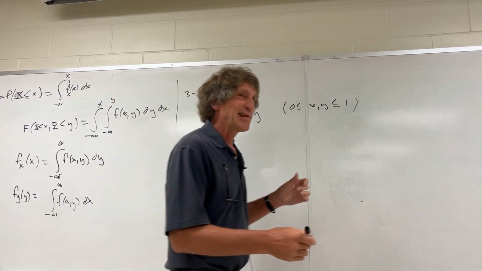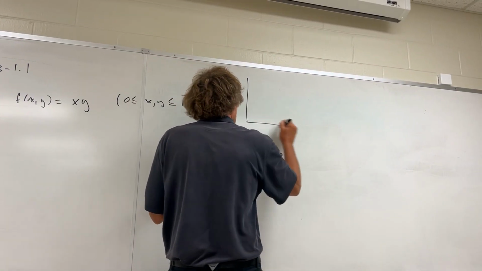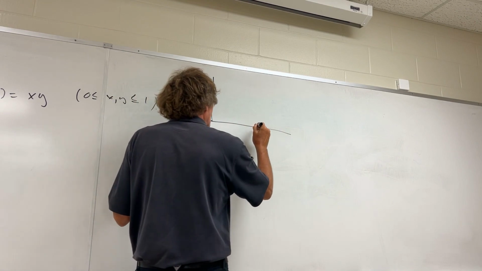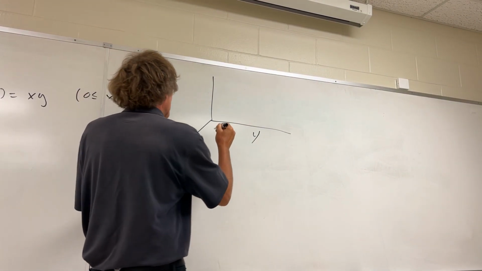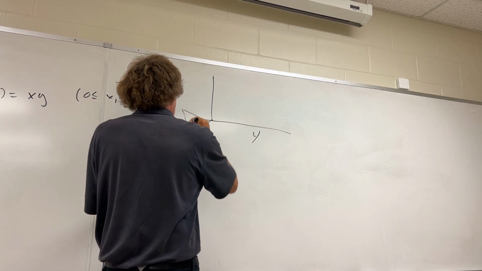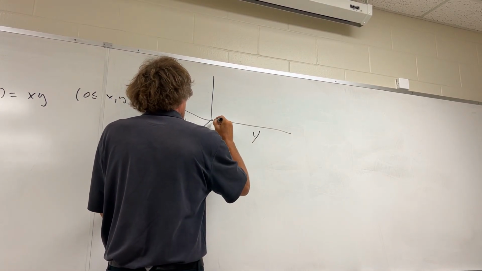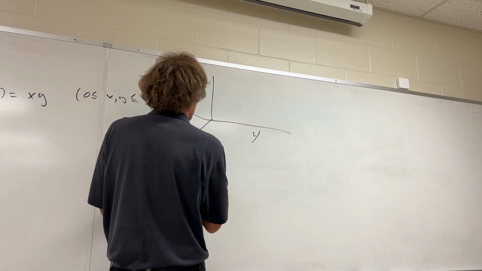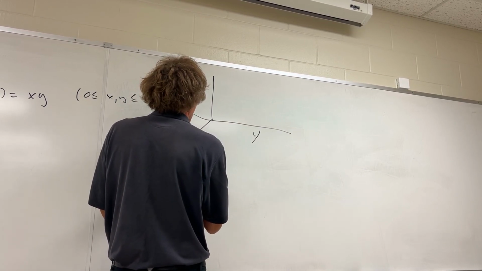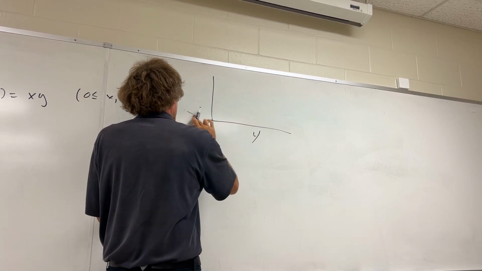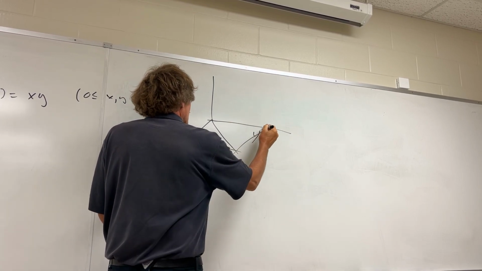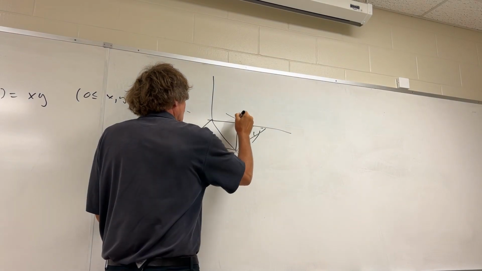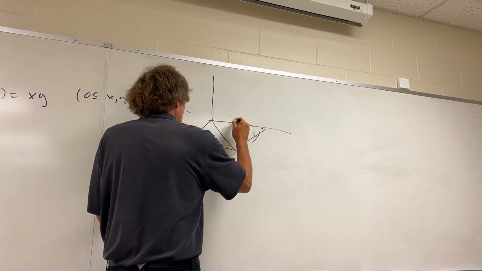If you were to try to plot a density function of that, and I think he asked for this, if this is x, y, now remember it's 3D, right? Because that's a surface. It would have a shape something like this, where it would peak right here and then come down.